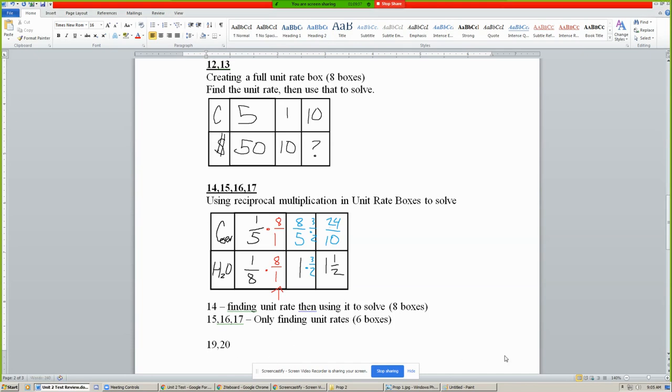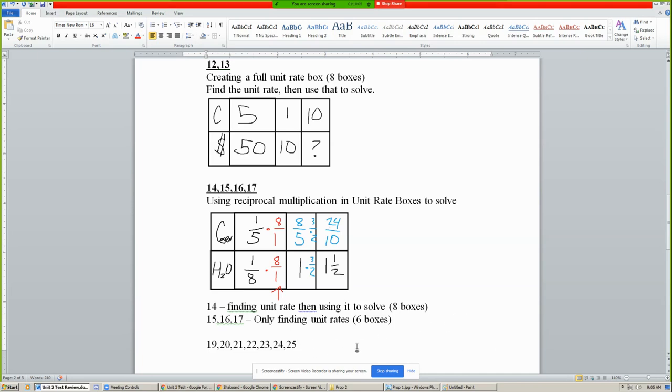Okay, and 19, 20, 21, 22, 23, 24, 25. Let's see here. I don't think there's that many. So 19, 20, 21, 22, 23, 24. Yeah, 25.